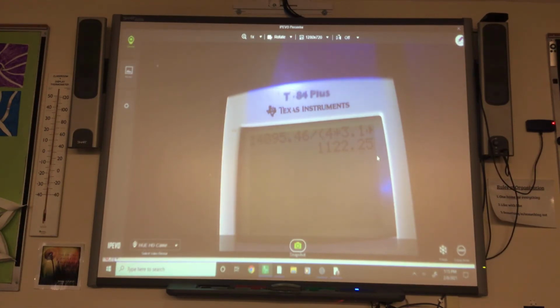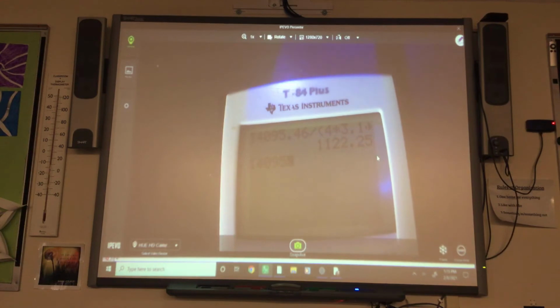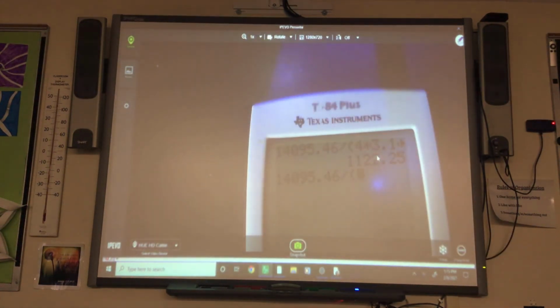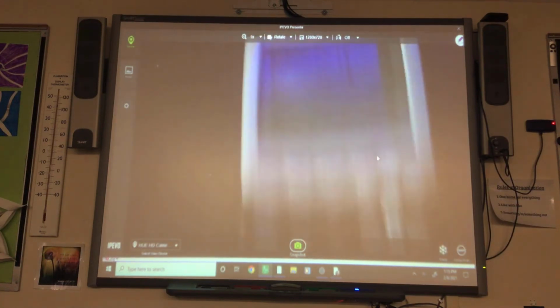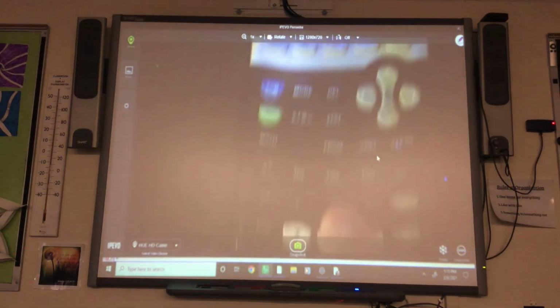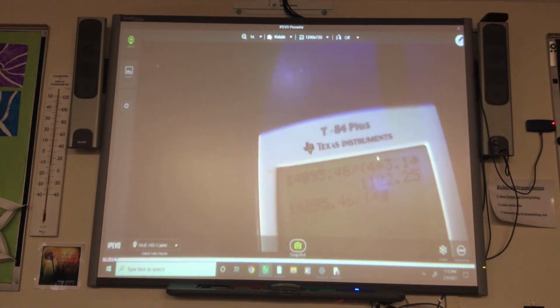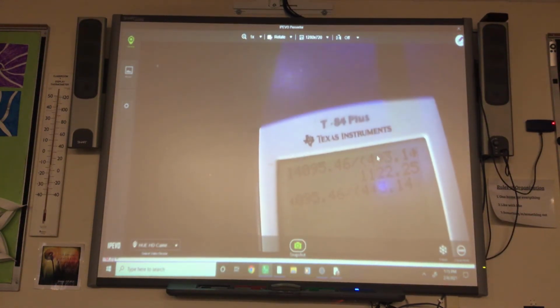As long as you understand how to do it right now, that's the biggest thing. 14,095.46 divided by parentheses, 4 times 3.14, end parentheses. The parentheses are right above the numbers on the calculator.